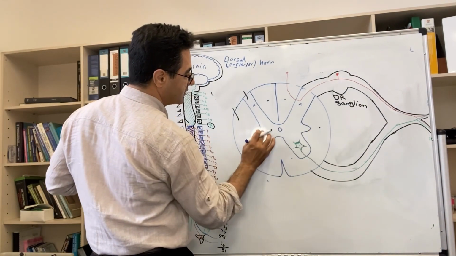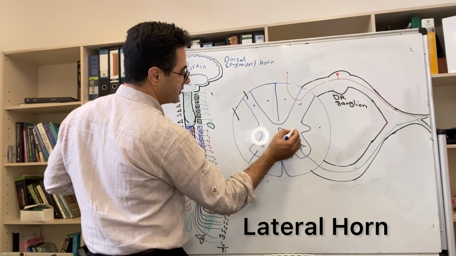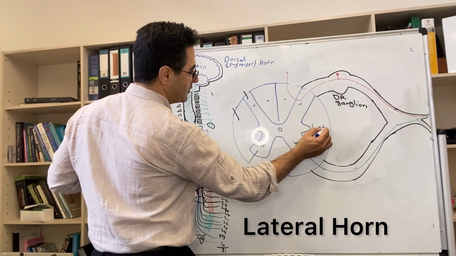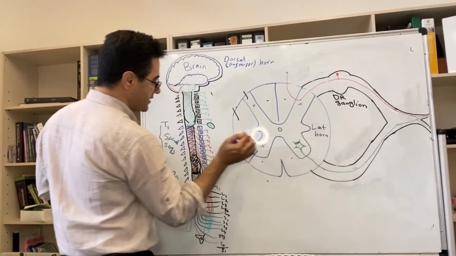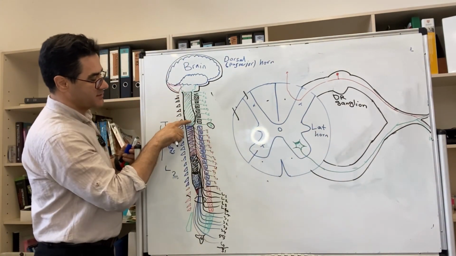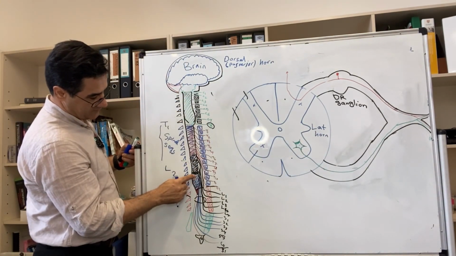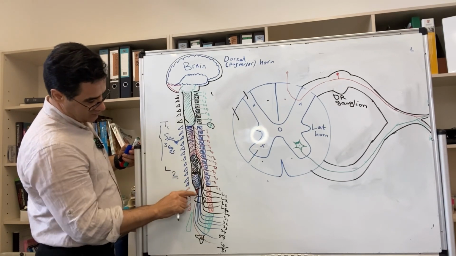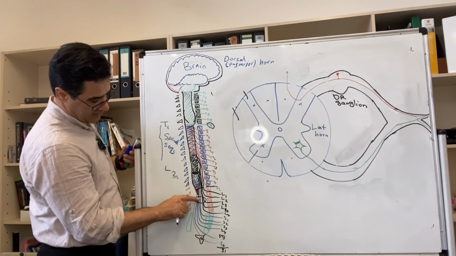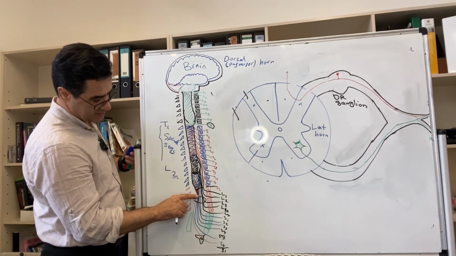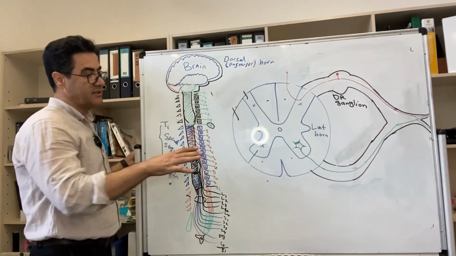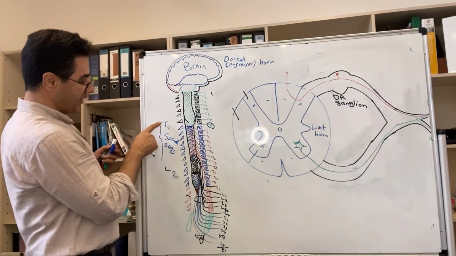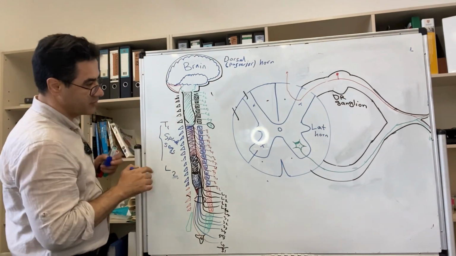It is called the lateral horn. Just keep in mind, in the cervical spine, and below L2, the sacral, lumbar segments and coccyx, we don't have the lateral horn. We only have the lateral horn in T1 to L2.